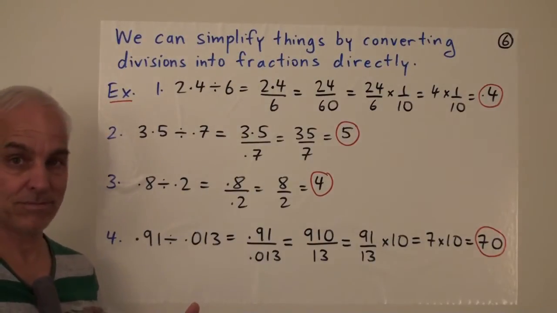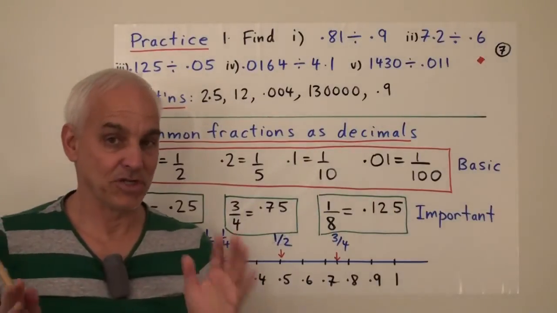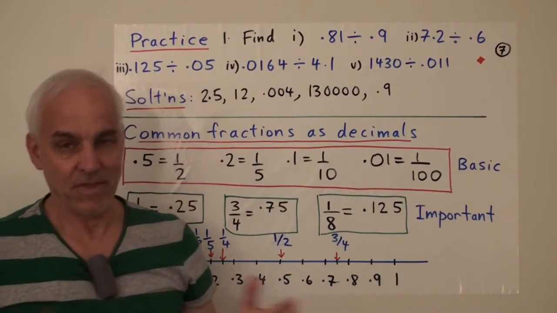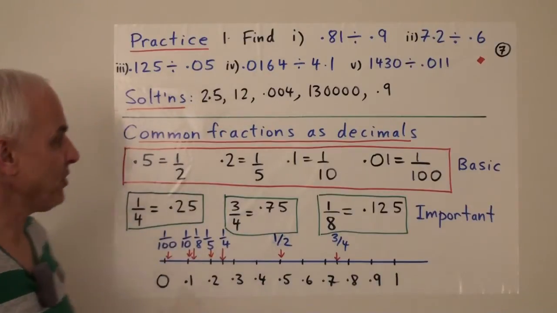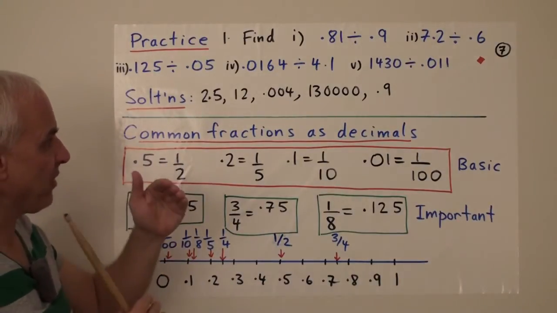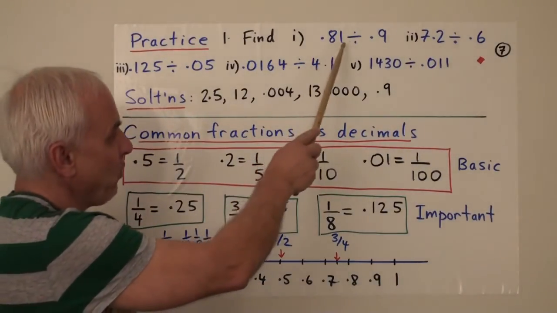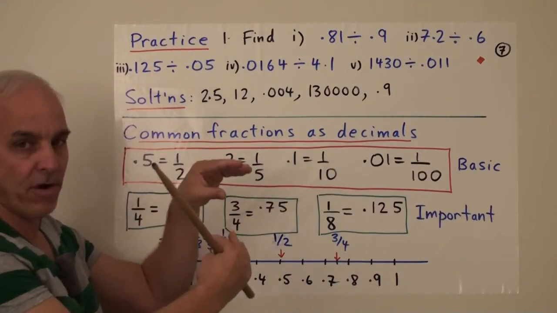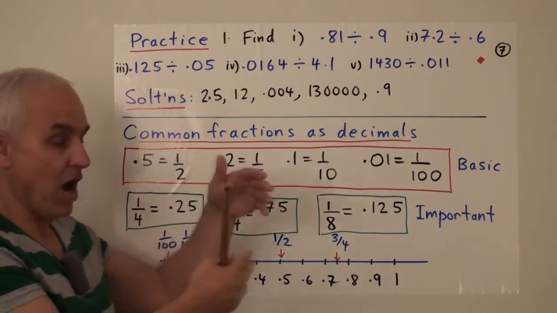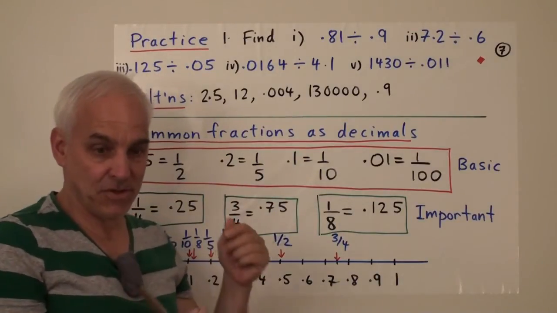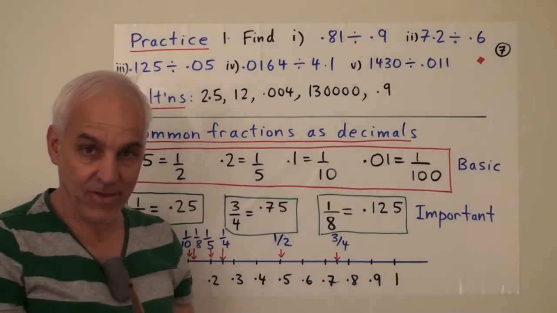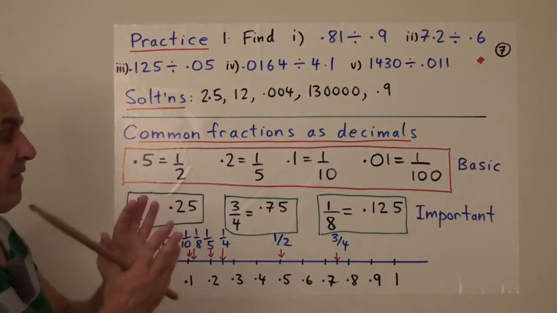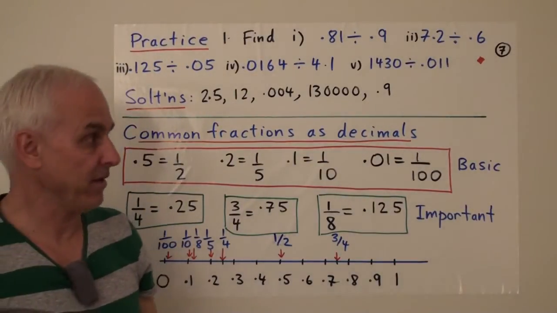That's the strategy. All right, so I realize division is harder, and so the practice problems here are sort of on the easier side. I just want you to get used to the idea, this method of taking something like 0.81 divided by 0.9, writing it as 0.81 over 0.9, multiplying top and bottom by a power of 10 so that there are no more decimals visible in either the numerator or the denominator, and then having a look, seeing what you're actually getting.